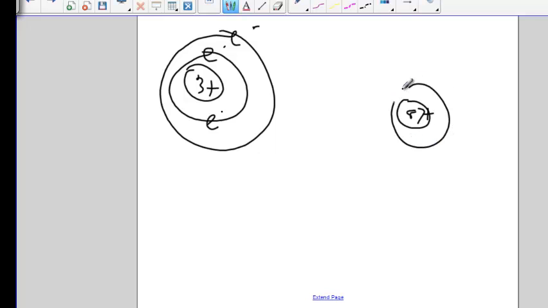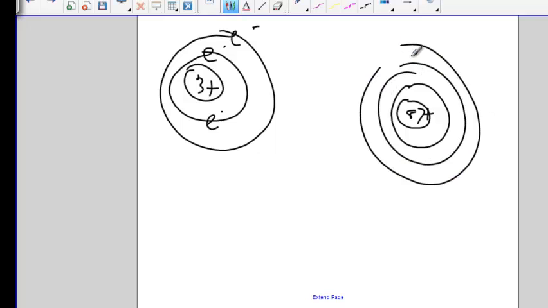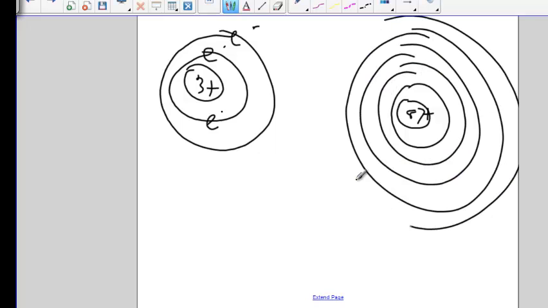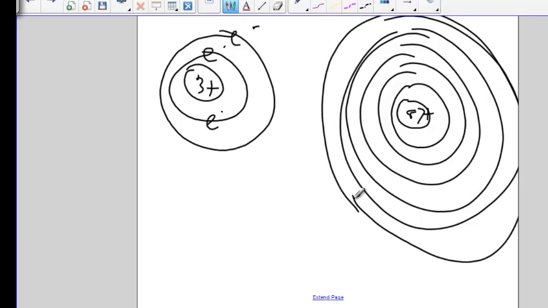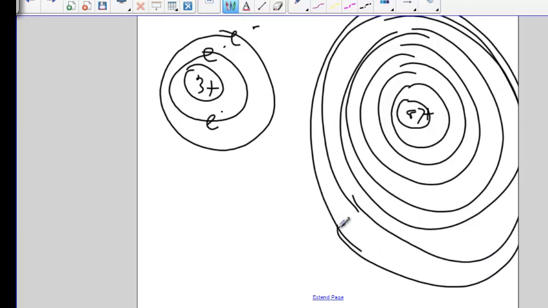But there's also 1, 2, 3, 4, 5, 6, 7 rings. So you're this electron out here. You're separated by 6 walls from the radio. So even though the radio is very, very loud, you really don't hear it very well.